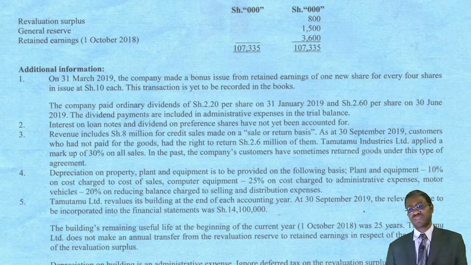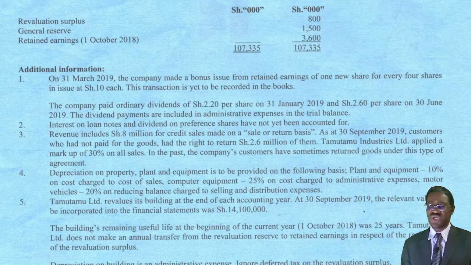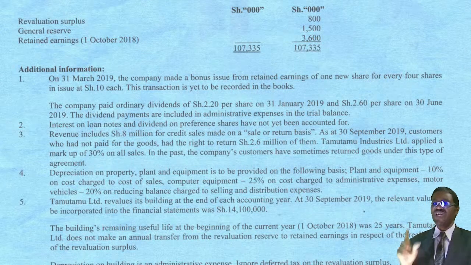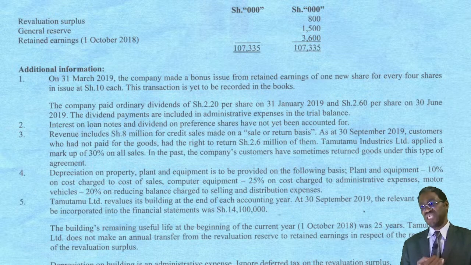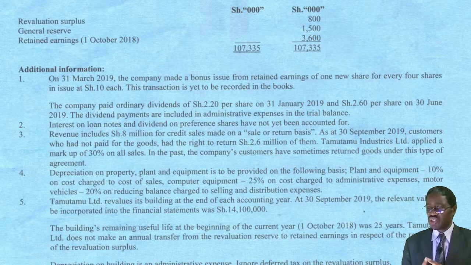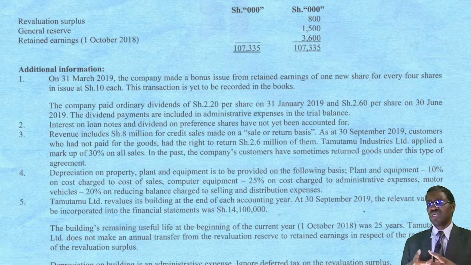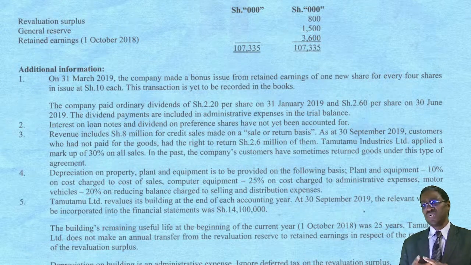Number 1, on 31st March 2019, the company made a bonus issue from retained earnings of one new share for every 4 shares in issue at 10 shillings. The transaction is yet to be recorded in the books.